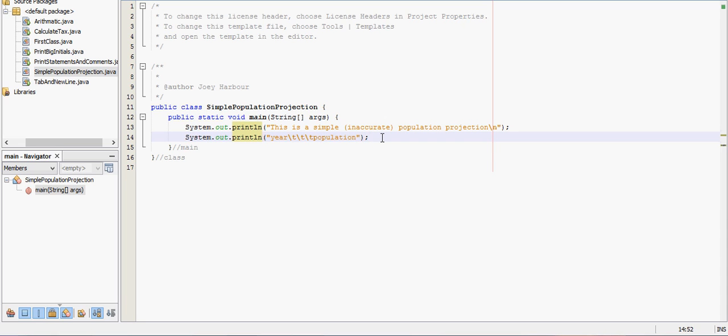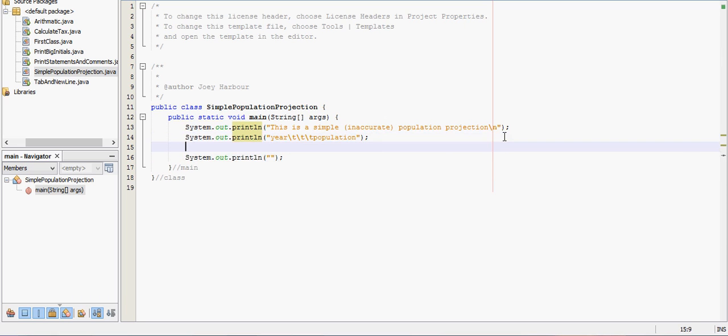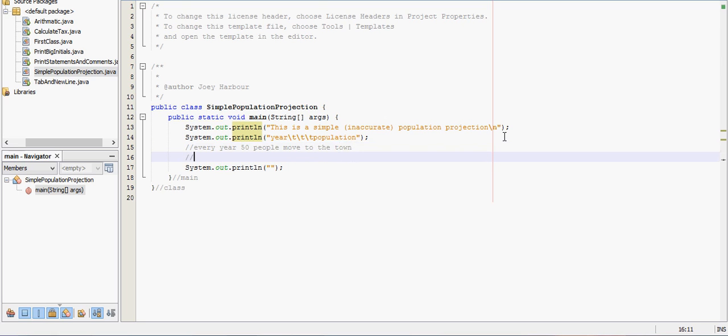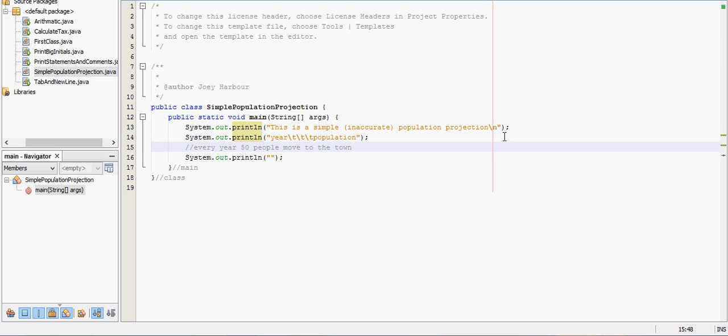Okay, let's see. Every year, let's have 100 people. Now let's go 50 people move to the town. And we'll say 20 people move out.